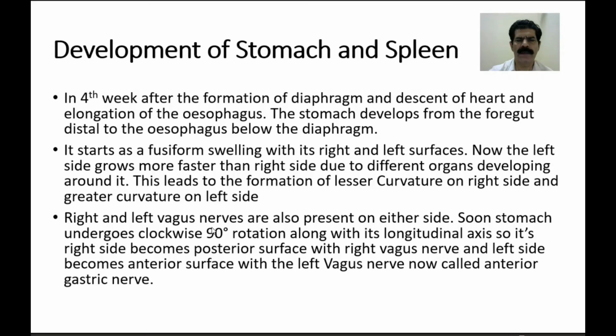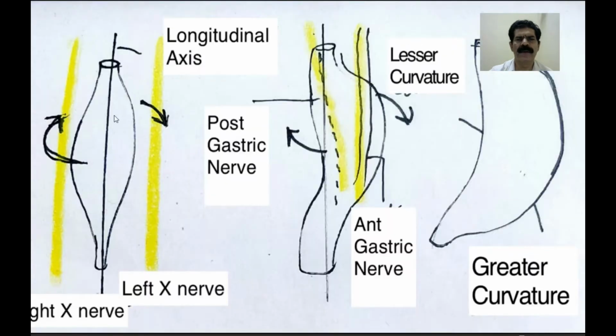The stomach undergoes a 90-degree clockwise rotation on its longitudinal axis, in such a way that the right side becomes posterior with the right vagus nerve, and the left side now comes to the anterior surface with the left vagus nerve. Now it is called the anterior gastric nerve. So after this, the stomach has undergone a 90-degree clockwise rotation.